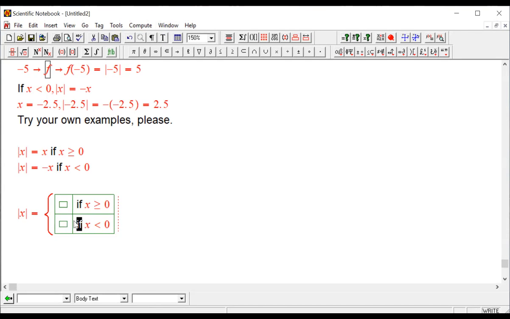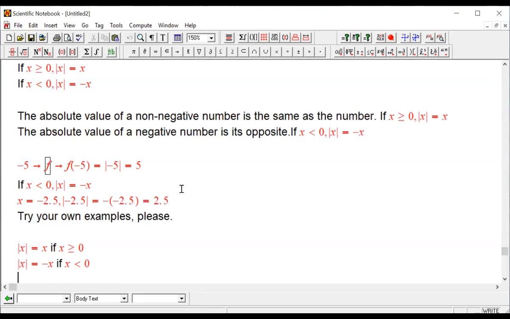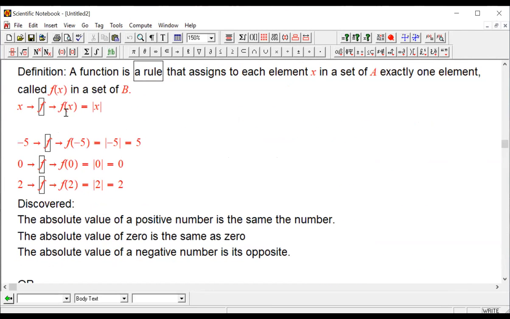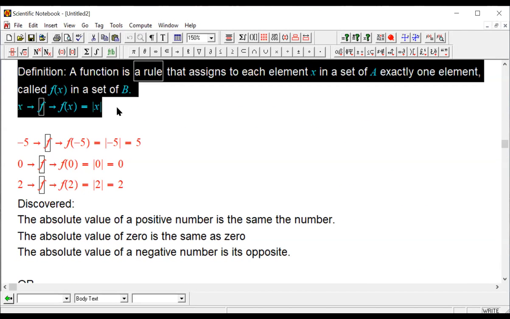And you guessed it. If x is greater than or equal to 0, the absolute value of x is the same as the number. The absolute value of a negative number, which is on this branch, is going to be its opposite. So this is the function, the absolute value function as we know it.